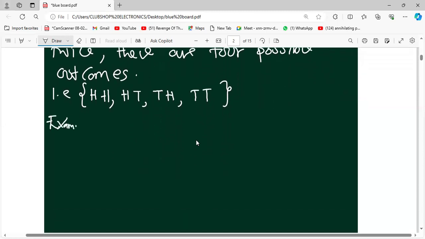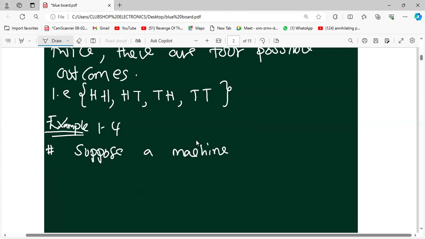Another example, example 1.4. Let's suppose a machine makes bolts.